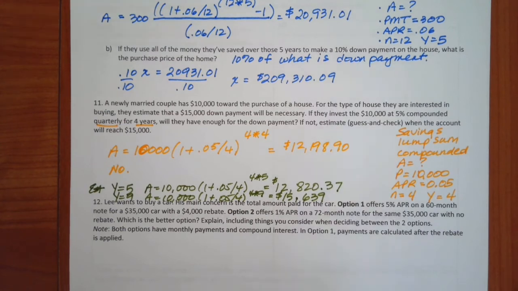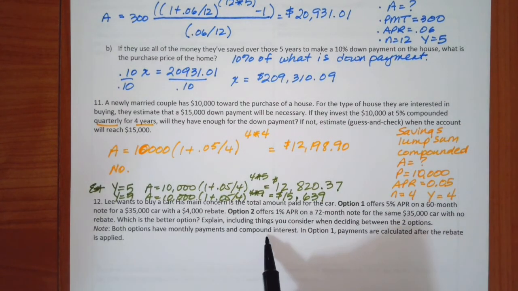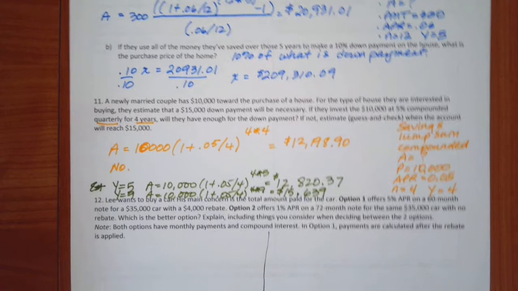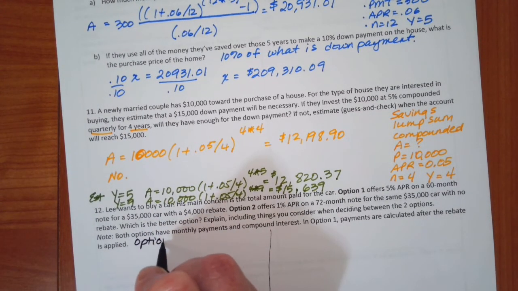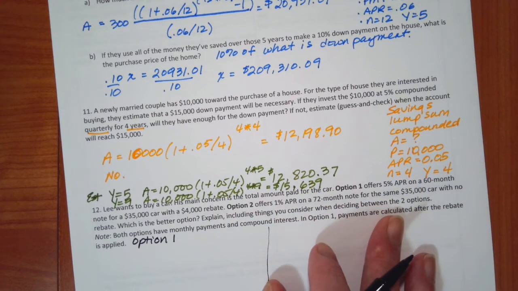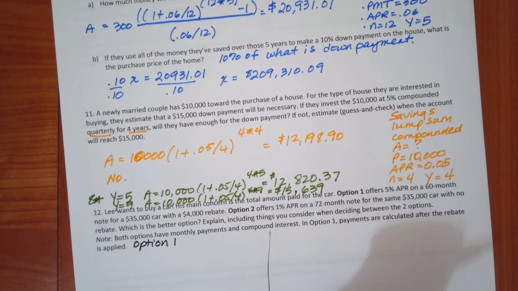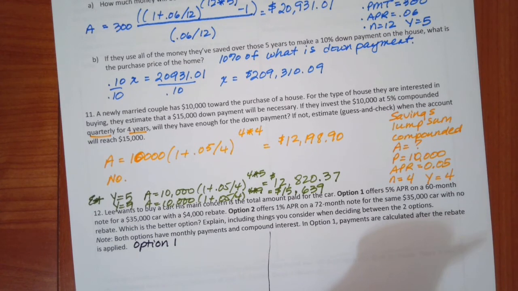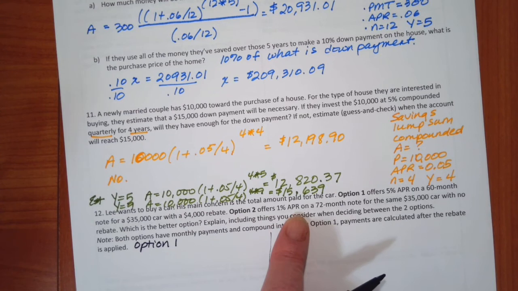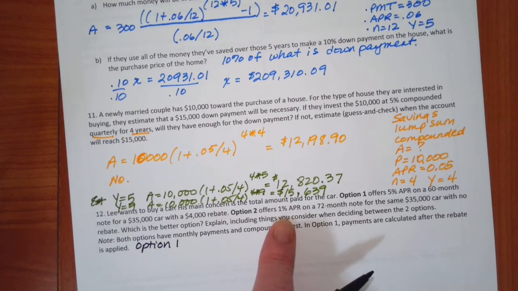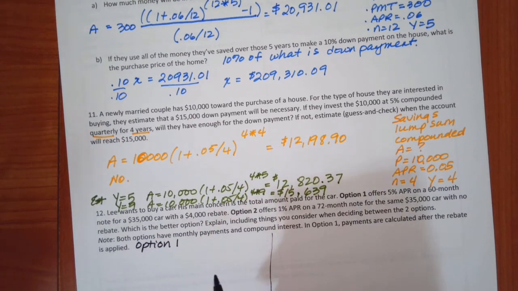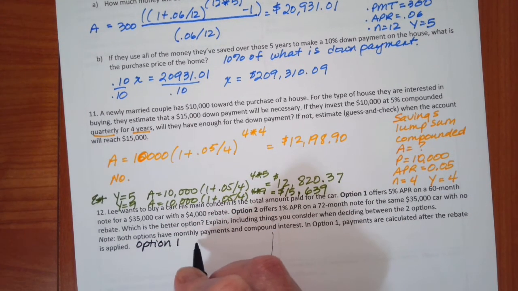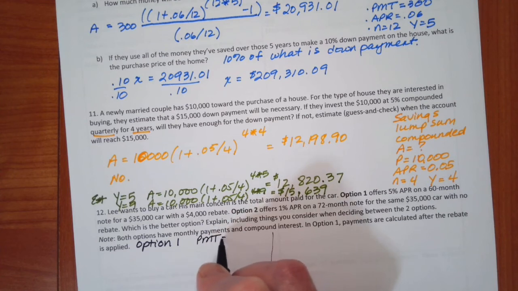Okay, so let's just split this down the middle and let's look at option 1 and option 2. Okay, so for option 1, these are both periodic payments, loans, and we want to find the payment.